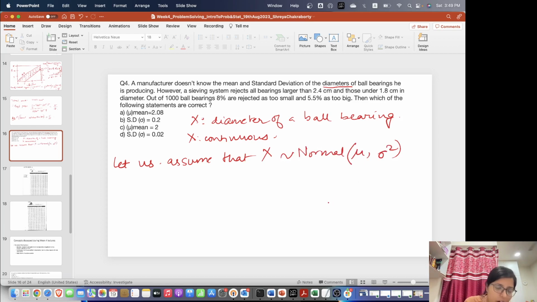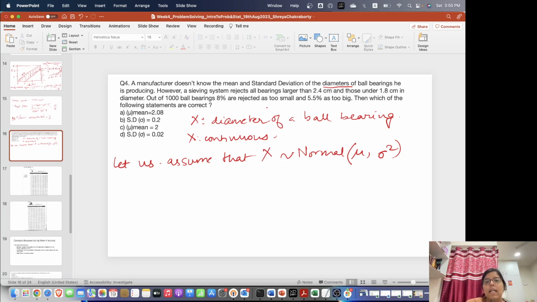From here we do not get the idea that it could be something else, so in typical use cases we assume normality. But if it were something like wait time, or some loss of memory was implicated, some sort of hint, then we would have to choose the distributions judiciously and thoughtfully. Since nothing of that sort is mentioned, it is safe to assume that x follows a normal mu and sigma square.